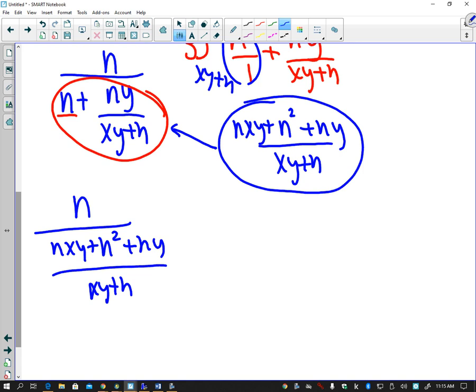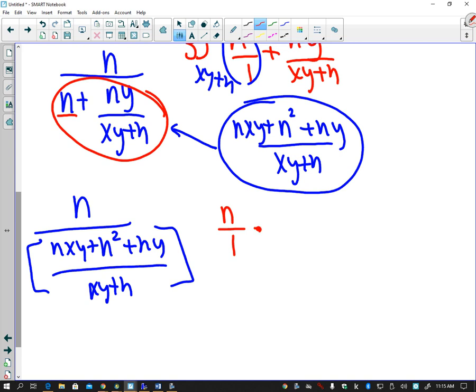Again, this is the fraction we are dividing by. So it's n over 1 divided by nxy plus n squared plus ny over xy plus n. I can't divide by a fraction, so what do I do? Multiply by the reciprocal.